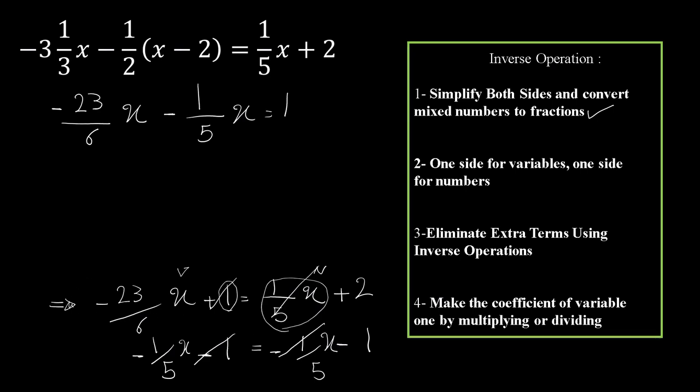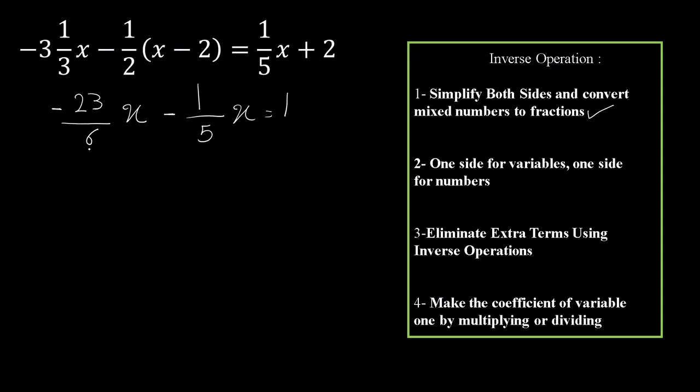Okay, I do not need this part. Let me erase that again. Okay, again, I must add these two fractions and I must calculate common denominator. If you write multiples, you will realize that common denominator between them will be 30. So negative 23 must be multiplied by 5 and the answer will be minus 115.